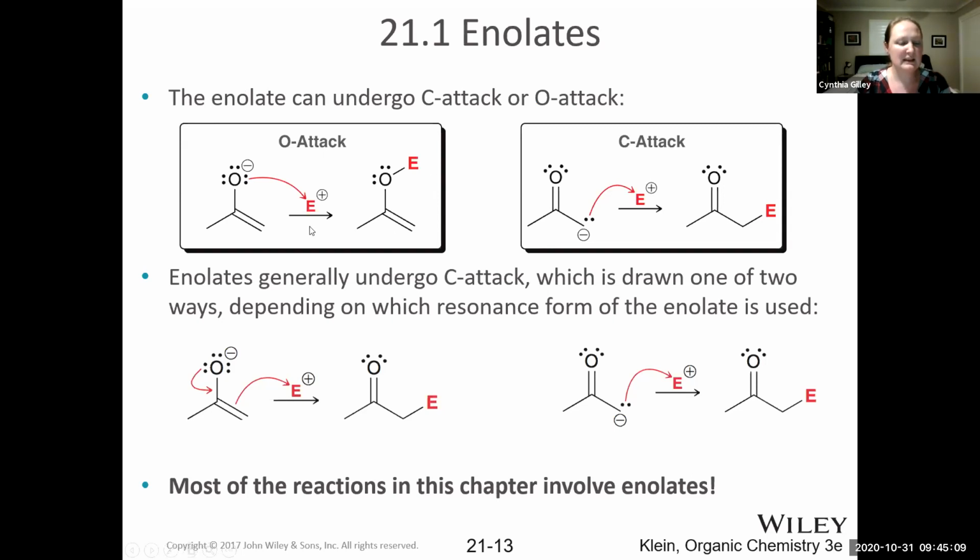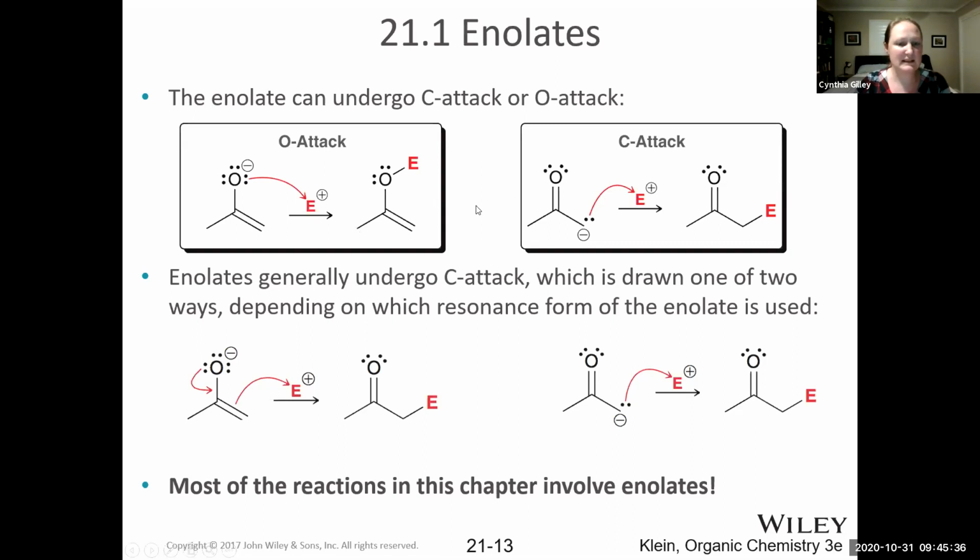So when you treat an enolate with an electrophile, the bond between the substrate and the electrophile might occur between the oxygen and the electrophile or the alpha carbon and the electrophile. We call this oxygen attack versus carbon attack. Right? And we're calling it attack because this is the nucleophile, and we say that the nucleophile attacks the electrophile.